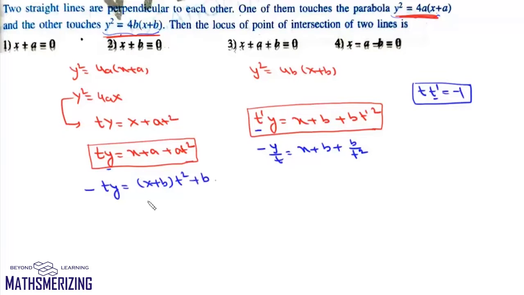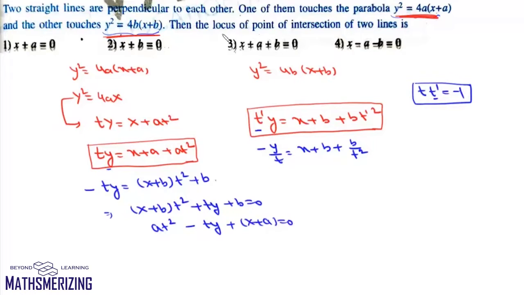So we can write this equation as (x plus b)t square plus ty plus b equals 0, and this first equation as at square minus ty plus x plus a equals 0.